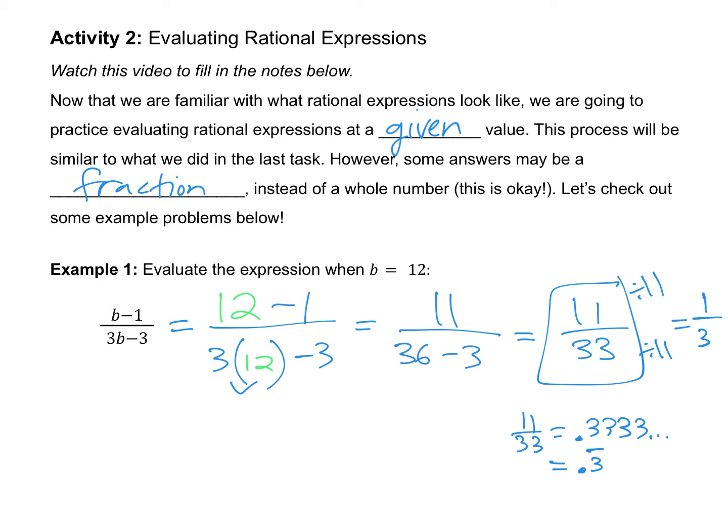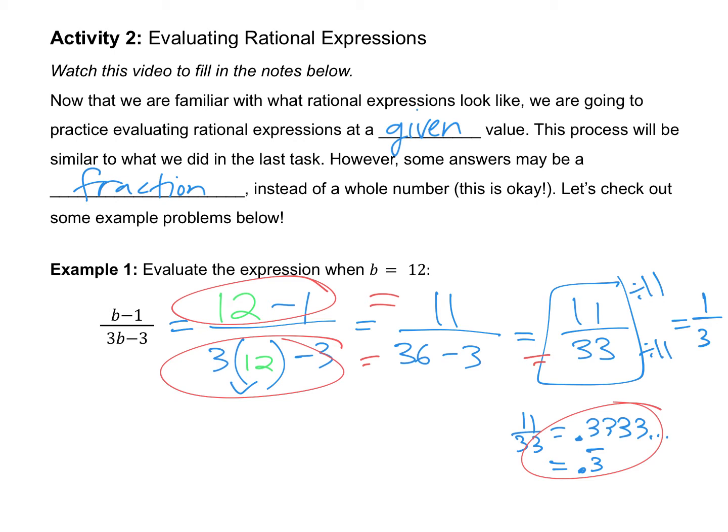Now, a key difference with rational expressions from polynomial expressions in the last task is that if you want to use your calculator, you want to use it on the top to get the 11, then on your bottom to get 33, and then divide to get the final answer.